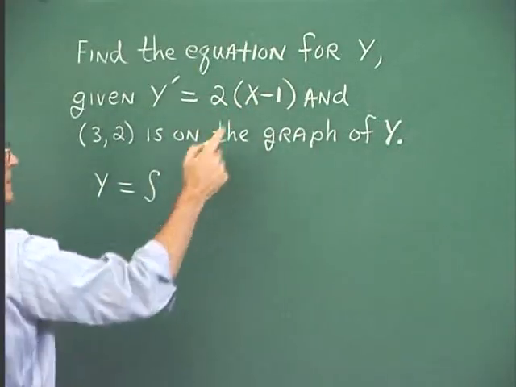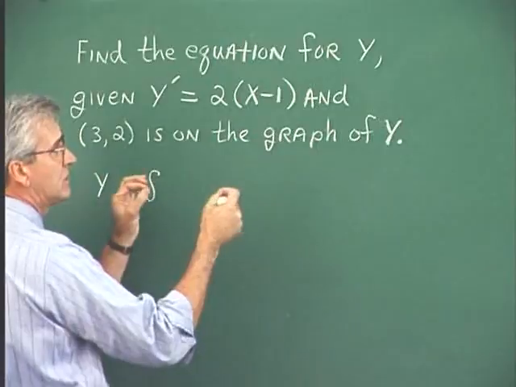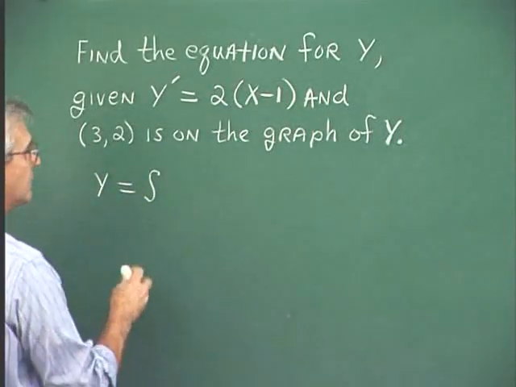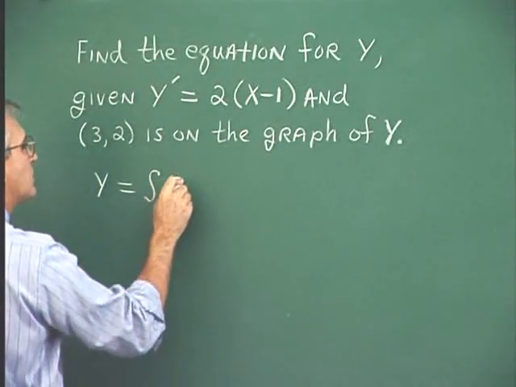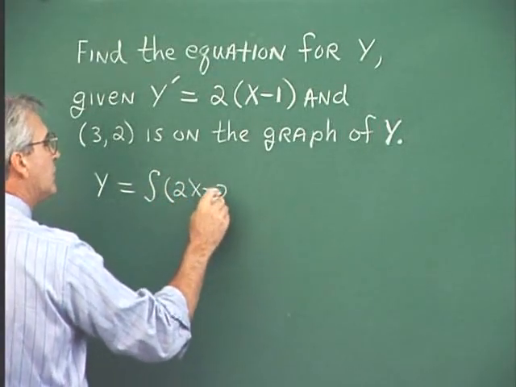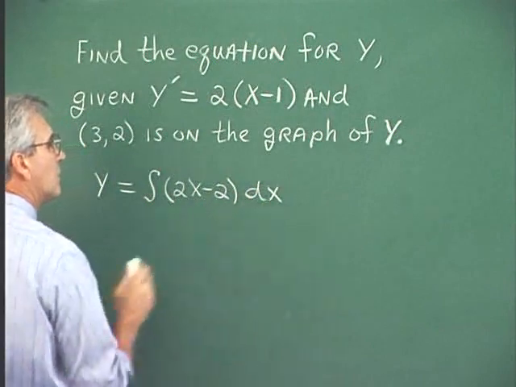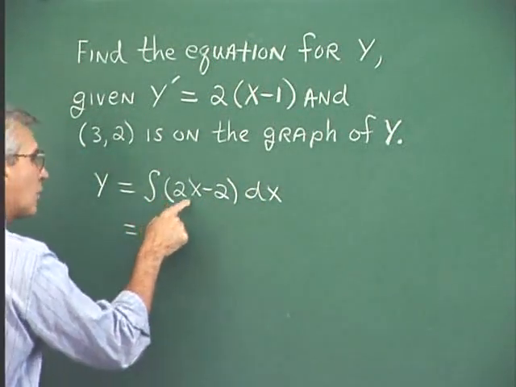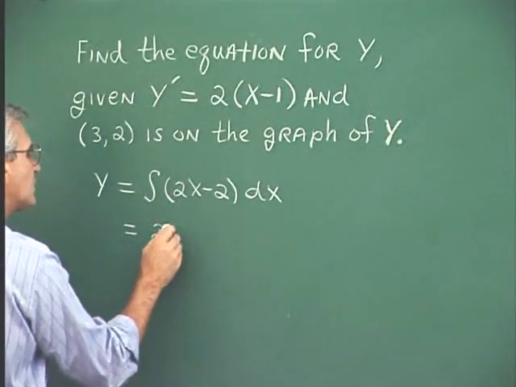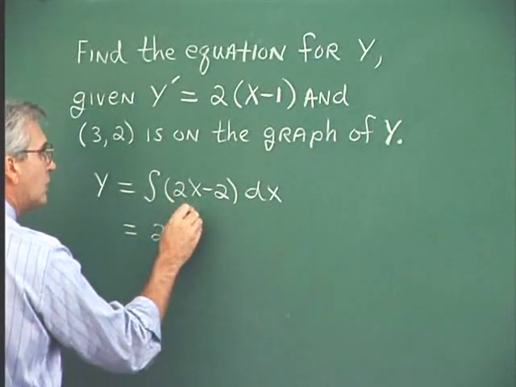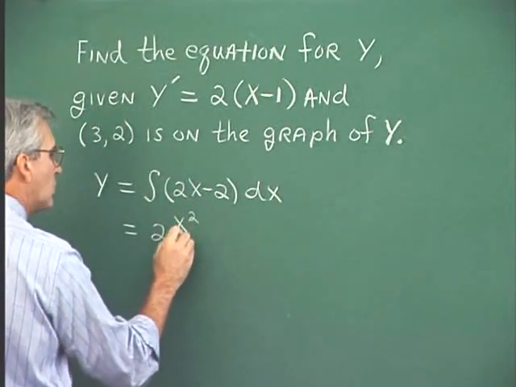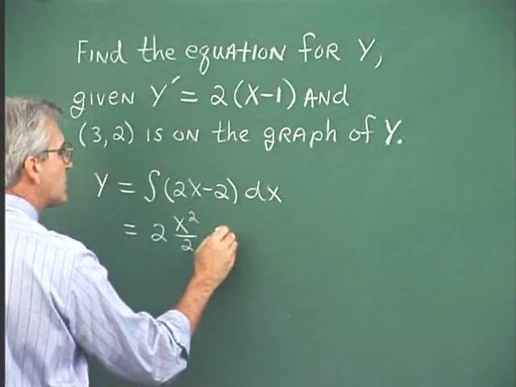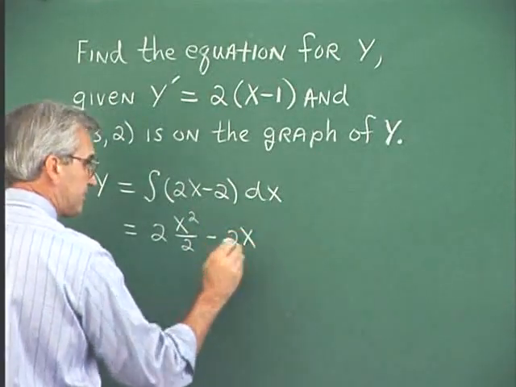I'd like to write this in an expanded form because it's probably a little easier to deal with in taking the integral. So this would then be the integral of 2x minus 2 dx. Now for the integral of this part, it's 2 times x to an exponent 1 larger than this, over that same exponent, then minus 2x.